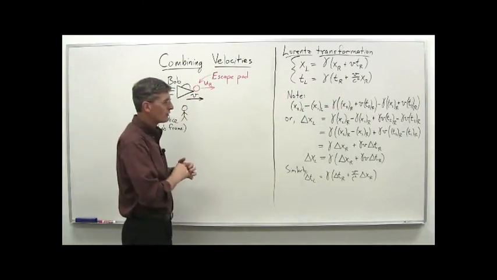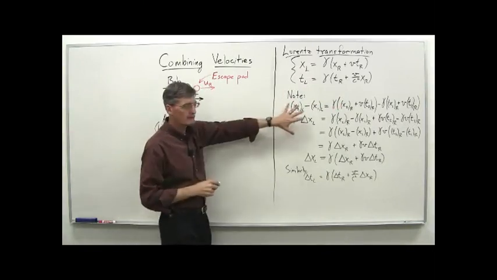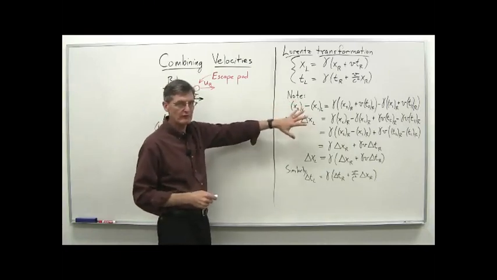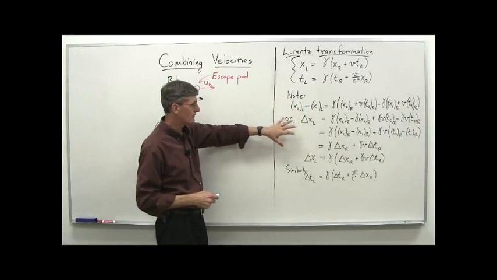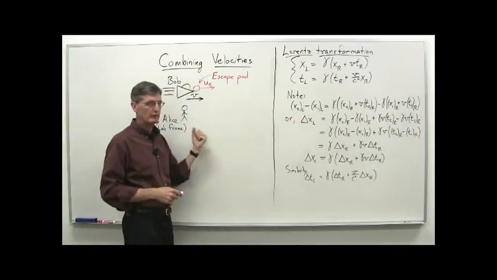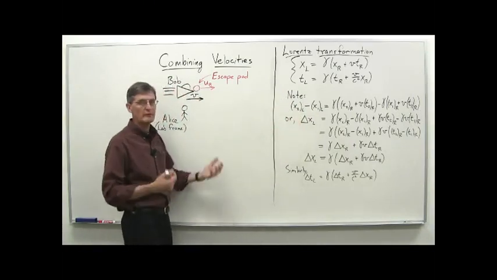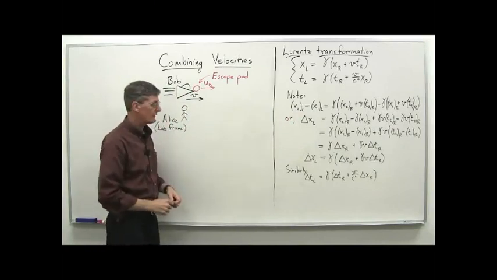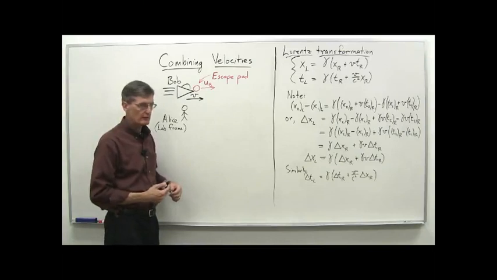I want to make one quick note here. We've got a little bit of algebra, as I'm sure you've seen, and your attention may be drawn over here. Let's take a look at this, because it is going to be helpful in a minute when we look at our situation of combining velocities. In other words, we're going to do the escape pod example again, but this time from a relativistic perspective.